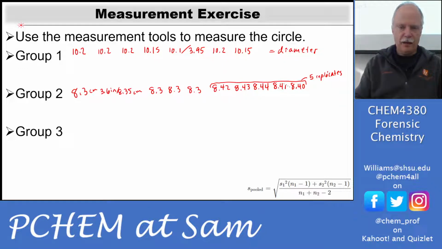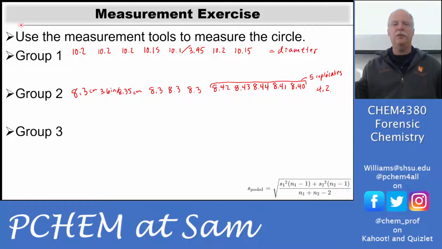And then they had the radius, so half that, 4.2. But again, if you didn't know that these were labeled diameter and radius, the 4.2 would really stand out, or the 3.6 would really stand out. So you can really see why units are important, okay? And what you're measuring is important. So this is radius, and these are diameters.